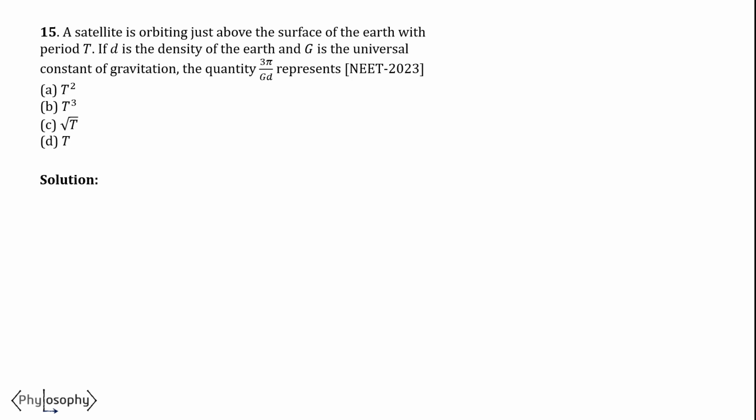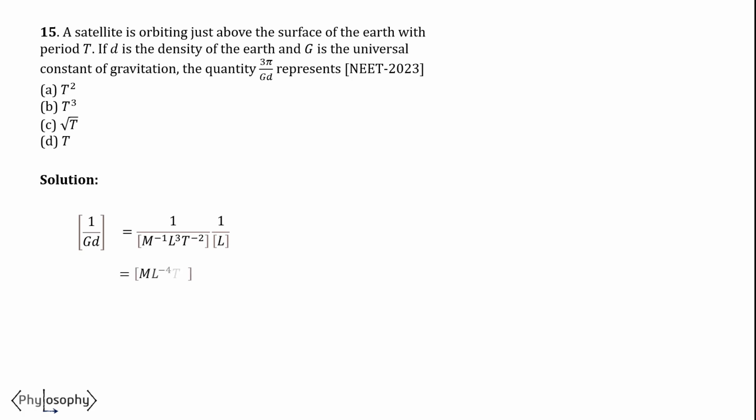simple dimensional analysis. And for this we need to find the dimensional formula for 3 pi over G d. But 3 pi is a dimensionless constant, so we can drop this term. So we need to find the dimensional formula for 1 over G d. Now we know the dimensional formula for G is m inverse l cube t to the power minus 2, and d represents density, so its dimensional formula is m l to the power minus 3.